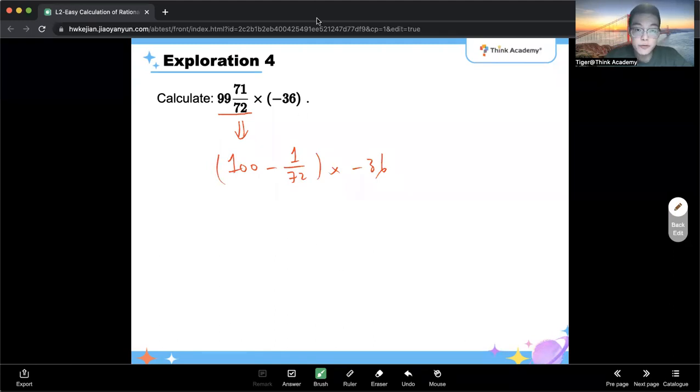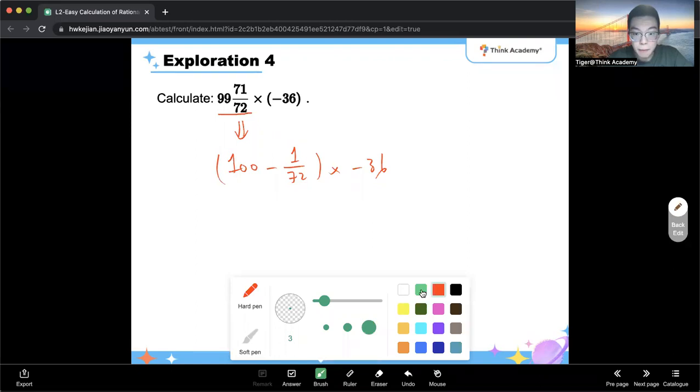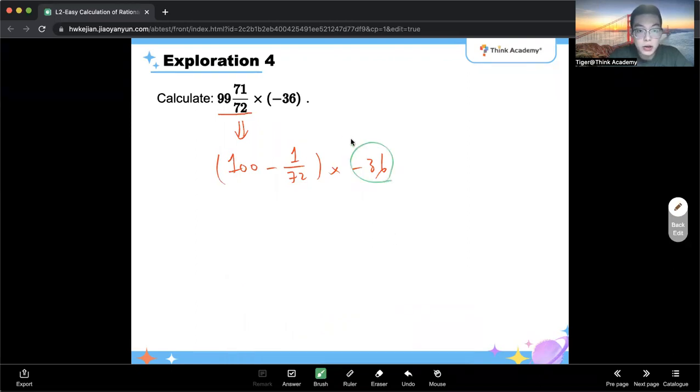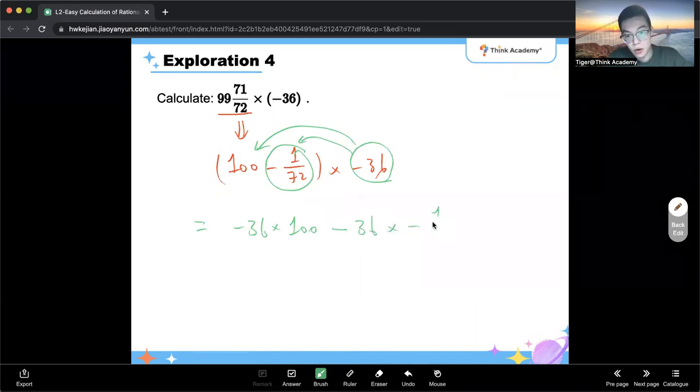which by the distributive law of multiplication, we can just multiply minus 36 to each and every term, including the signs, of course, inside the brackets. So that's going to be equal to minus 36 times 100, take away 36 times minus 1/72.